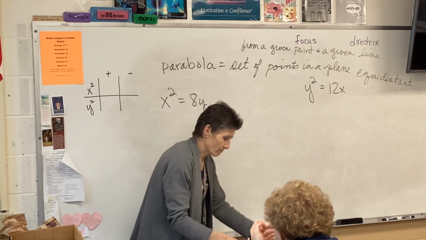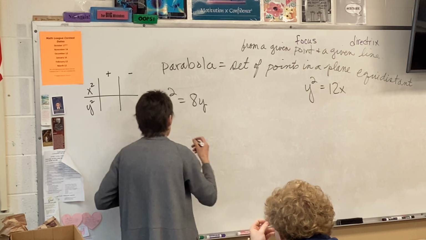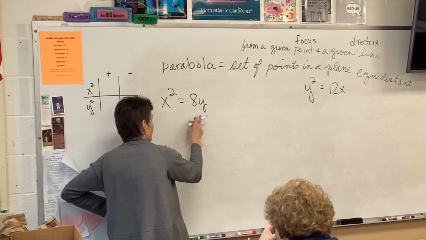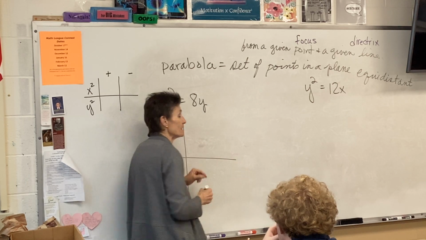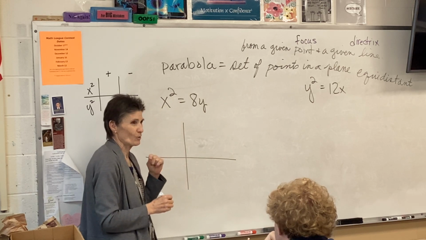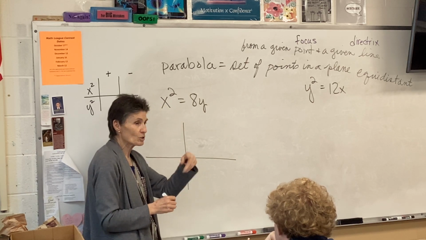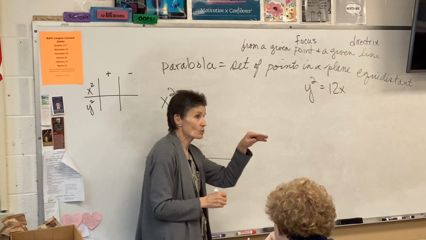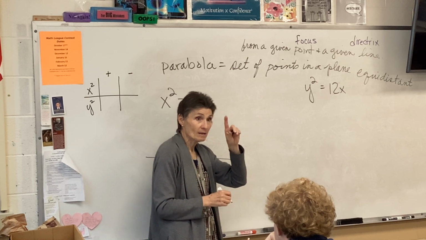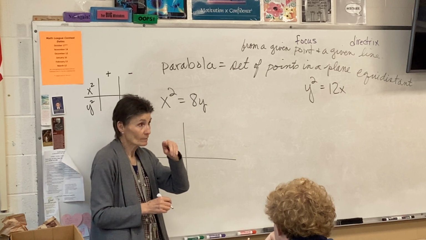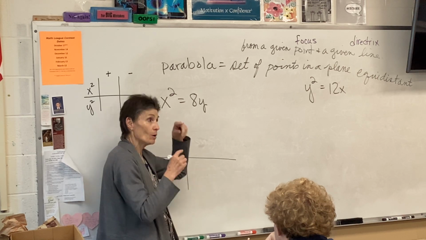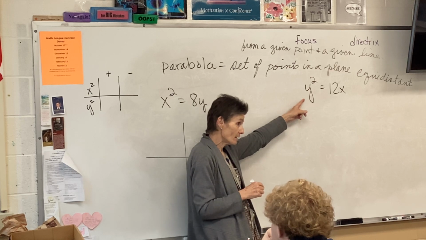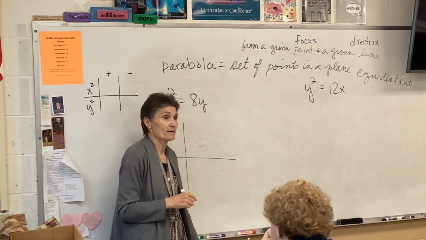So, first thing we need to do is take a look at this parabola and notice that the equation is different than a circle. What do the circle equations look like? They have an x squared and a y squared. This has either just an x squared or just a y squared. That's what makes it a parabola.